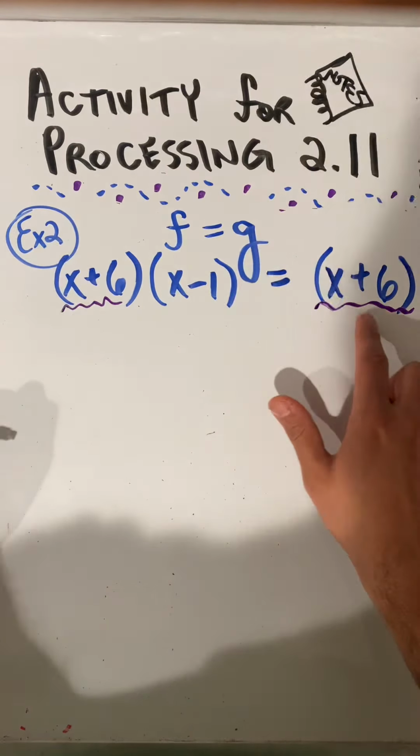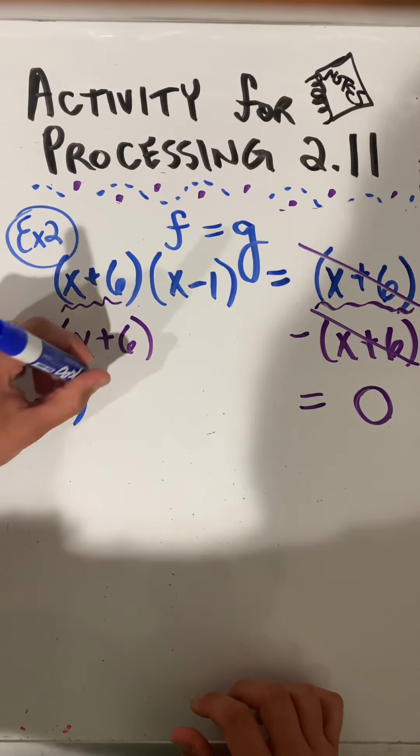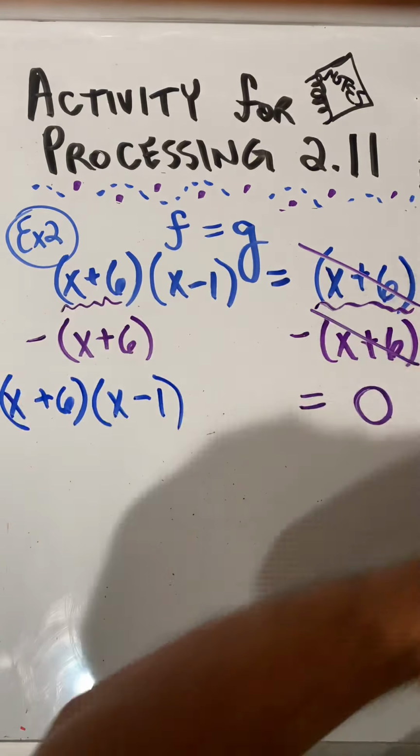Next, I'm gonna subtract these 2 quantities which have identical values. Therefore, they cancel out. Next, I am going to write, and this time I'm gonna color code it, the first quantity, the product of these 2 right here. I'm gonna write them in blue. Go back to the purple, minus the one that we subtracted.